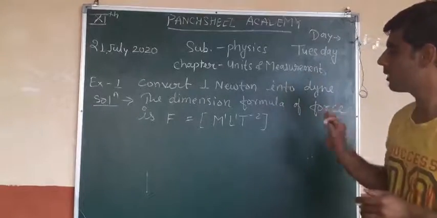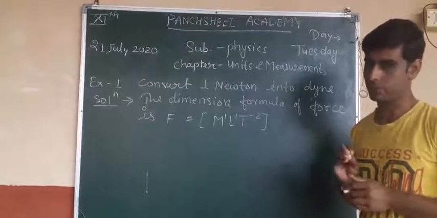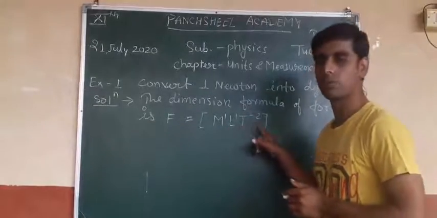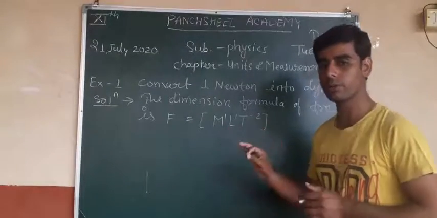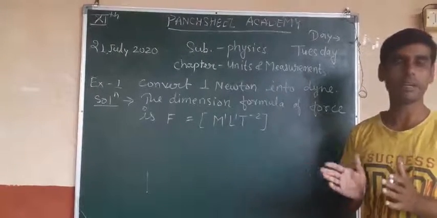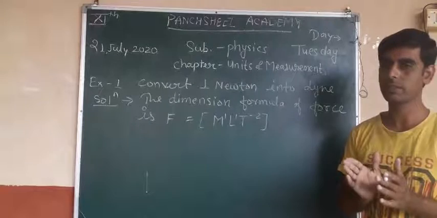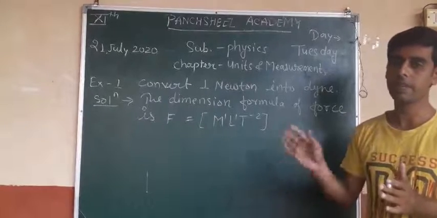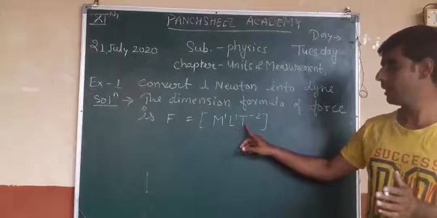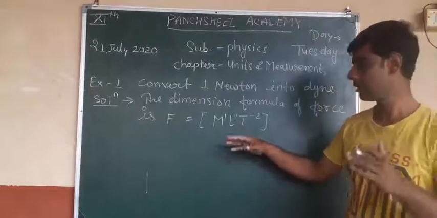So first of all we have to write the dimension formula of force. The dimension formula of force is M^1 L^1 T^-2. Why? Because force is mass into acceleration, and mass is M and acceleration is meter per second square, so meter is L and second square.